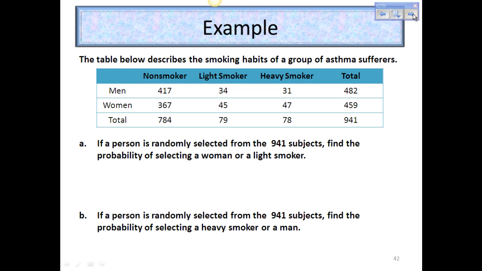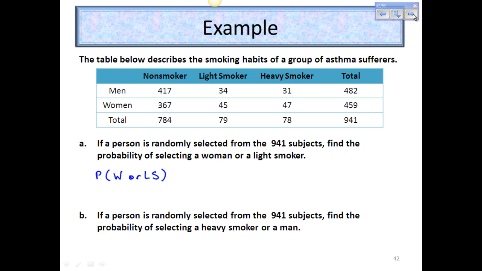Next example, the table below describes the smoking habits of a group of asthma sufferers. First question, if a person is randomly selected from the 941 subjects, find the probability of selecting a woman or a light smoker. So the probability of woman or light smoker.